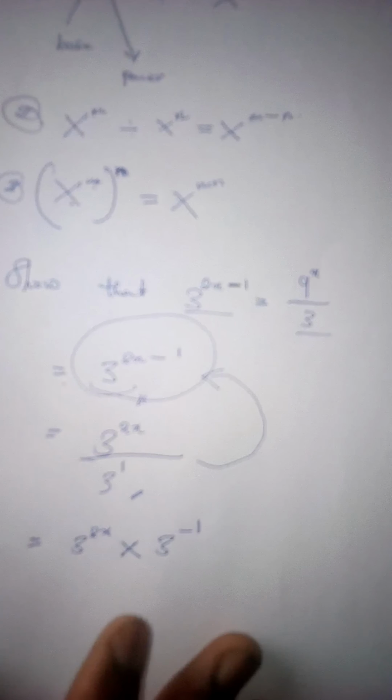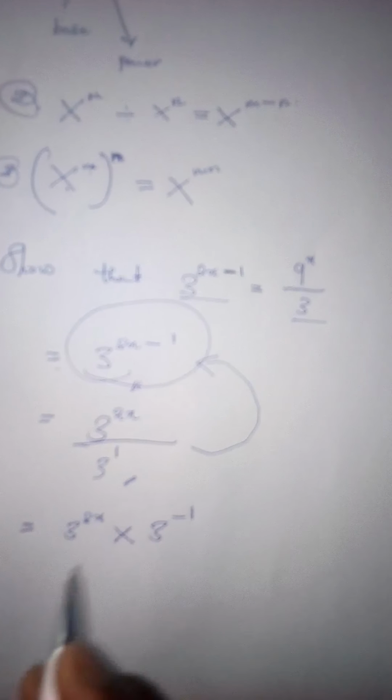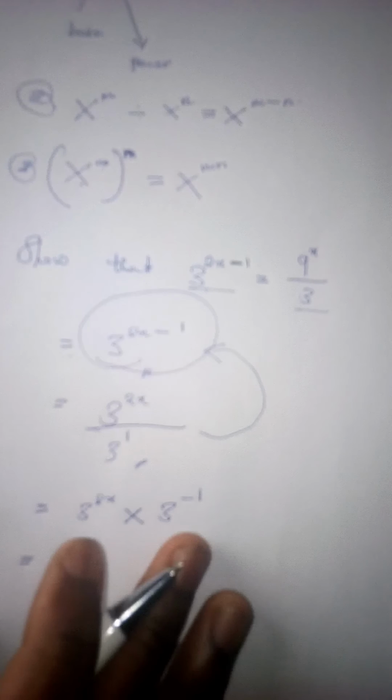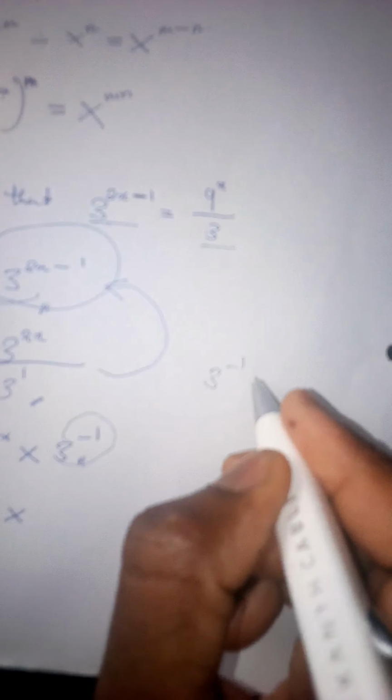We continue. Remember, we are showing that this is equal to this. So 3^(2x) multiplied by 3 to the power negative 1, and you can remember that 3 to the power negative 1 is the same as 1 over 3.